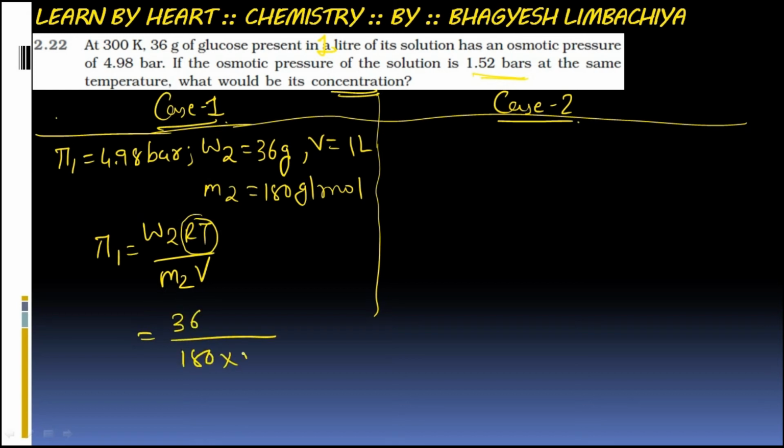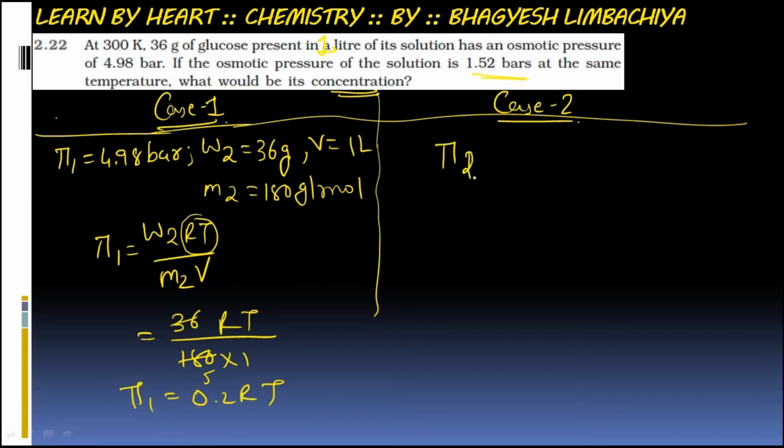So 36, 180, then 1, and RT is as it is. And 36 5s are 180, so it will be 0.2 RT. This one is our pi 1.